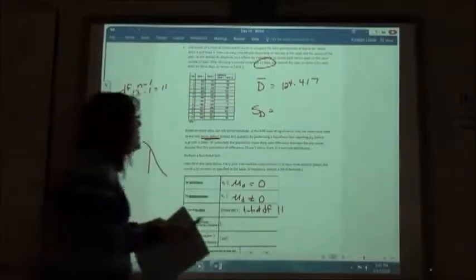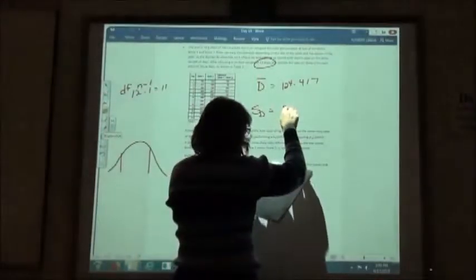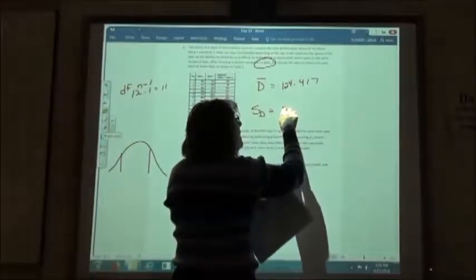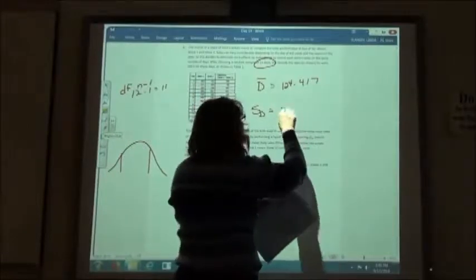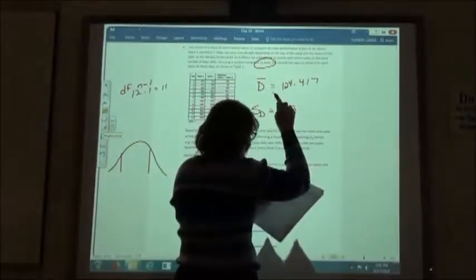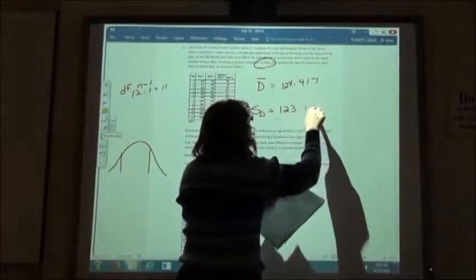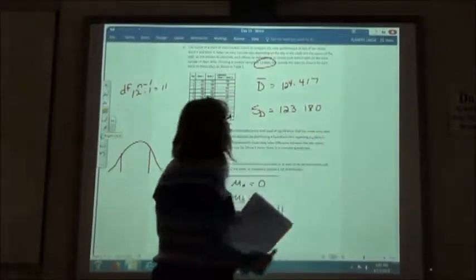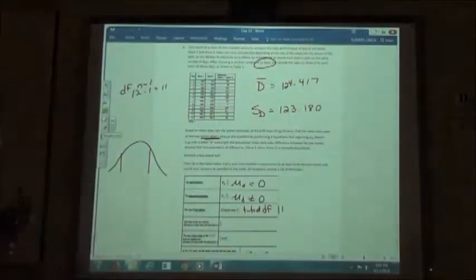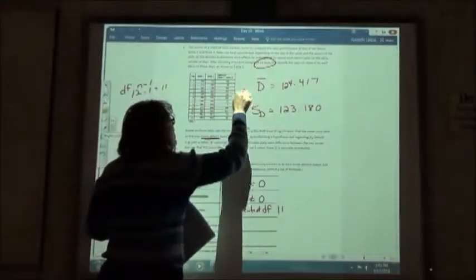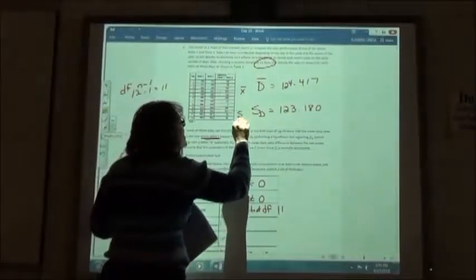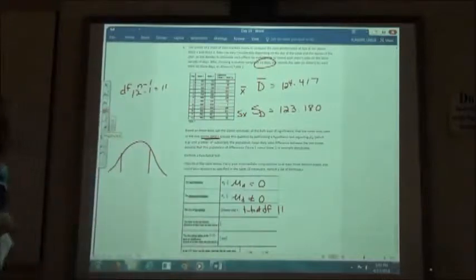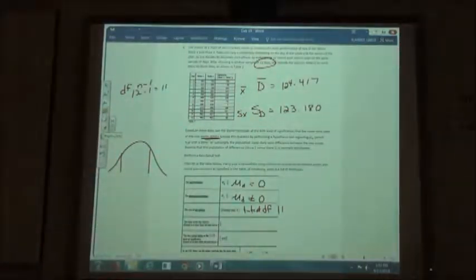How about that? That look better? Yeah. Okay. And for my standard deviation, we would have 123.180. Yep. So on here, your mean is the x bar, your standard deviation is the S of x. That's your sample standard deviation.